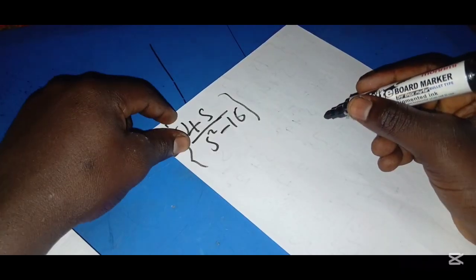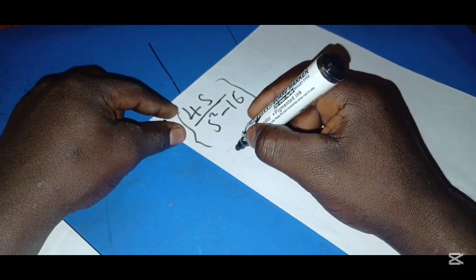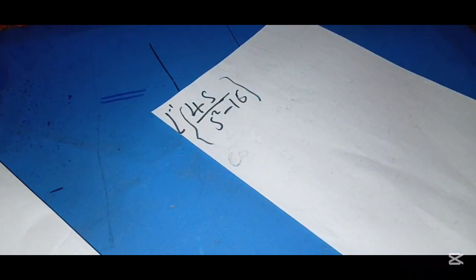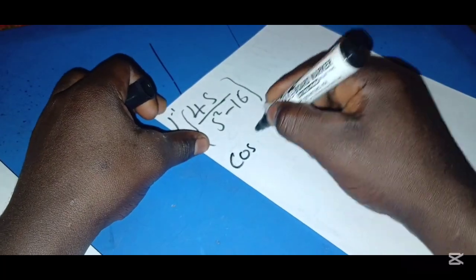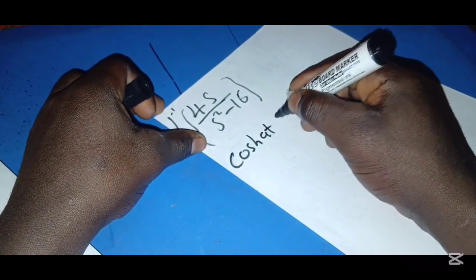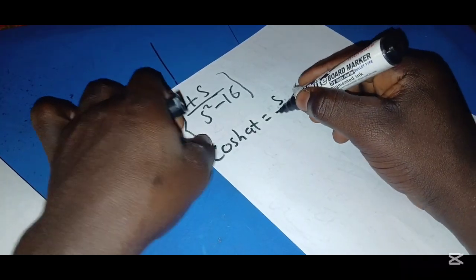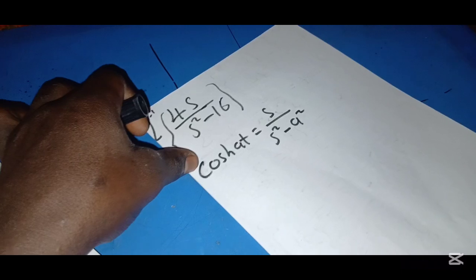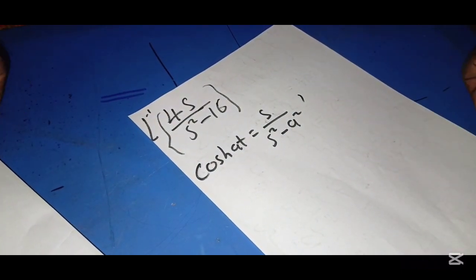And what does the cosh at function look like? Cosh at equals s over s squared minus a squared. So now let's analyze our denominator and our numerator, now that we see where the problem is coming from.